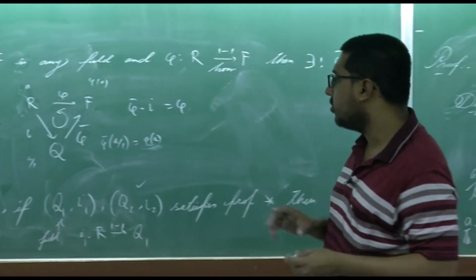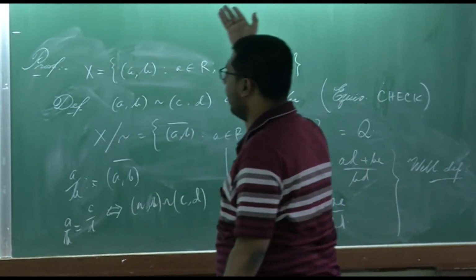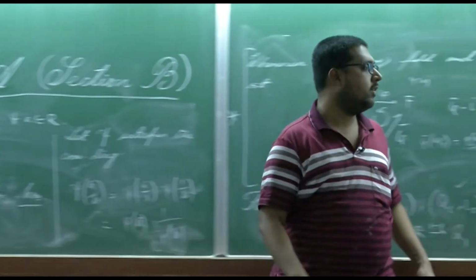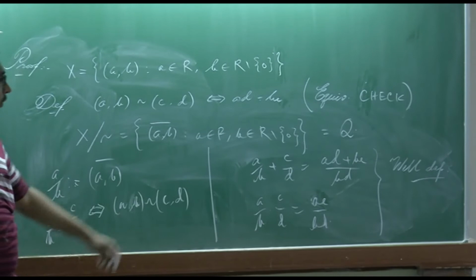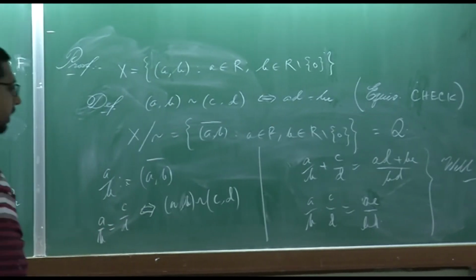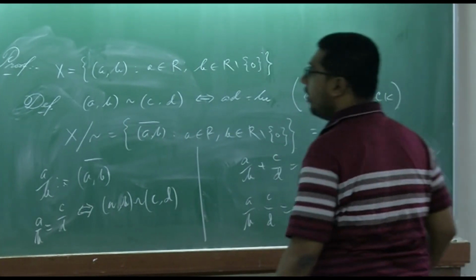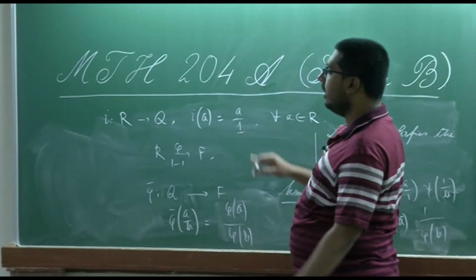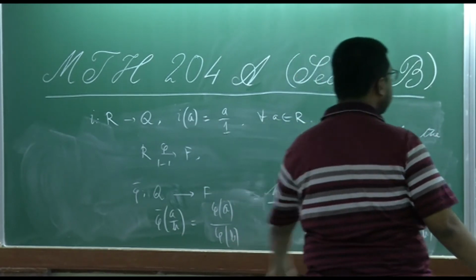Okay, let me again summarize what I have done. Given R, we have constructed a field Q, of course I left the verifications for the field to you, and an inclusion homomorphism, that is a one-one homomorphism I, such that the pair Q comma I satisfies the property star.